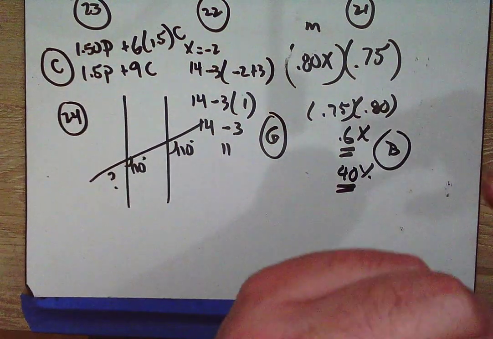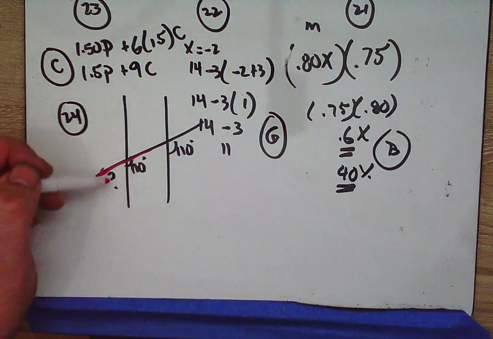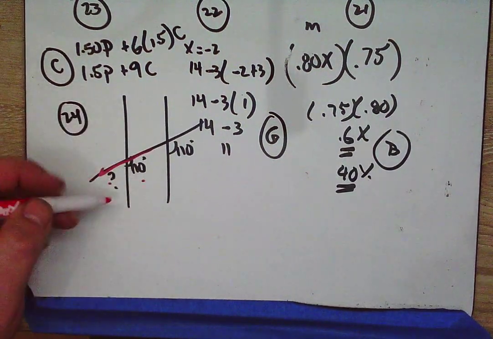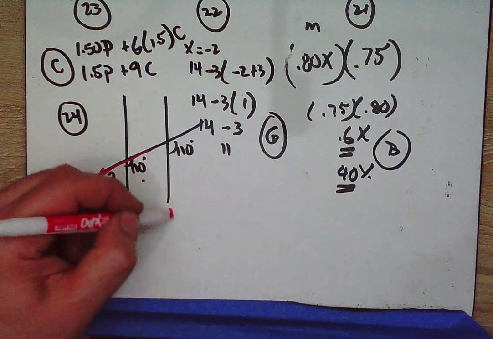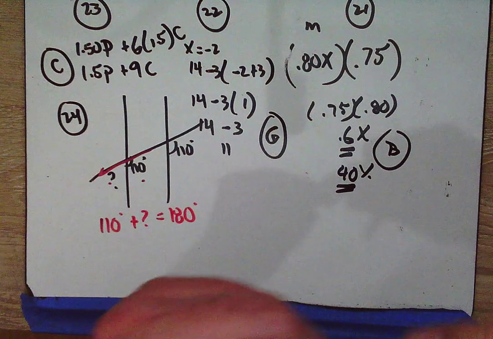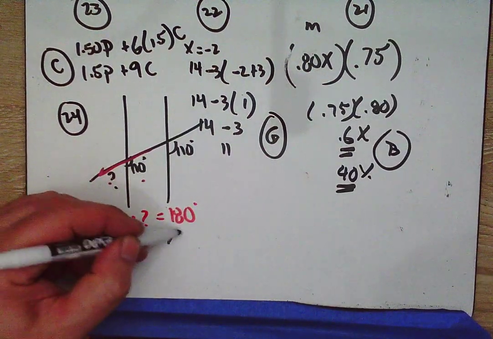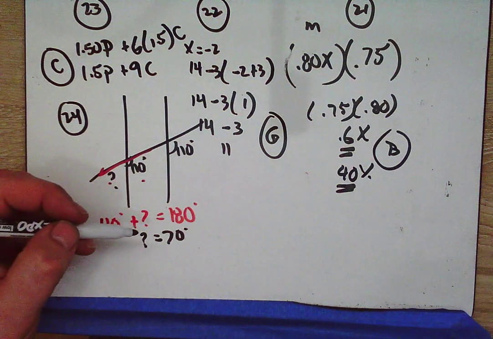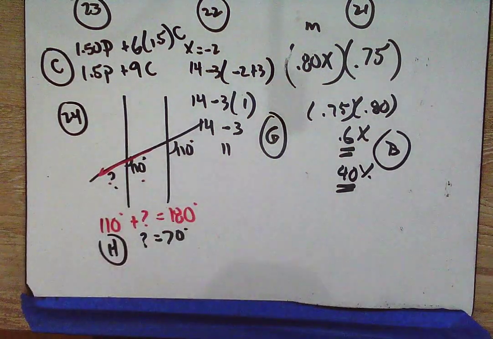We know that, as we said before in this packet, these two angles here are a linear pair, so 110 plus question mark should add up to 180 degrees, which means that our question mark angle is 70 degrees. And that corresponds to choice H. Choice H for number 24.